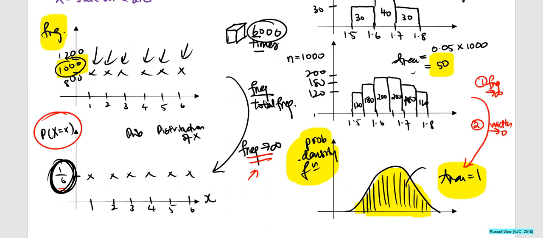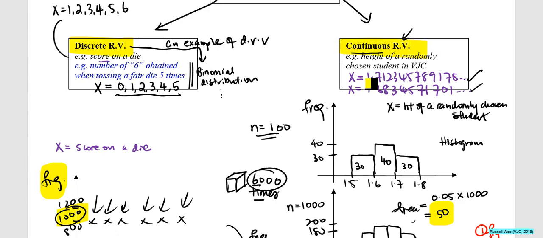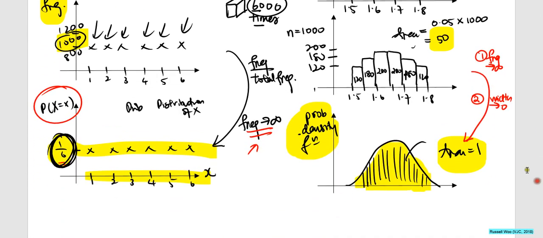How do we present the probability of a continuous random variable? There's no way you're going to present it with dots, because you're never going to get dots, only small values like this. So this is what we call a probability density function of a continuous random variable.